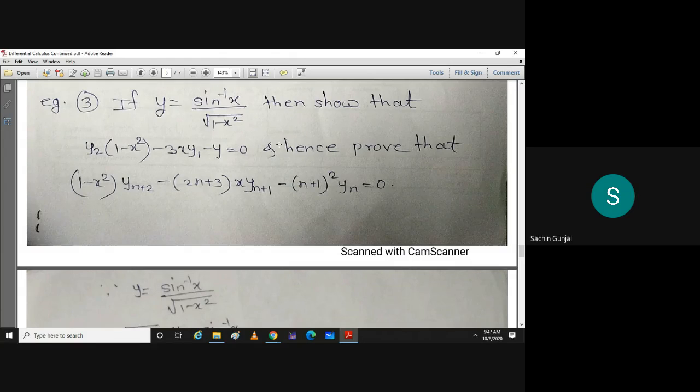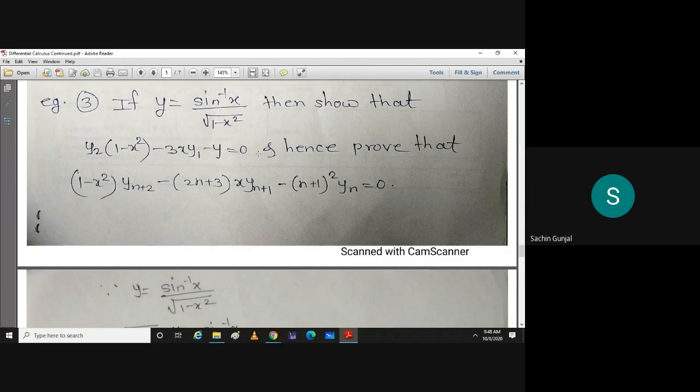If you take this y to this side, it will become y2 into 1 minus x square minus 3x y1 equal to y. Because the derivative of y2 into 1 minus x square will be the part required. So for the y2 into 1 minus x square, if we apply Leibniz rule, then we will be able to get the solution. Good, very good.